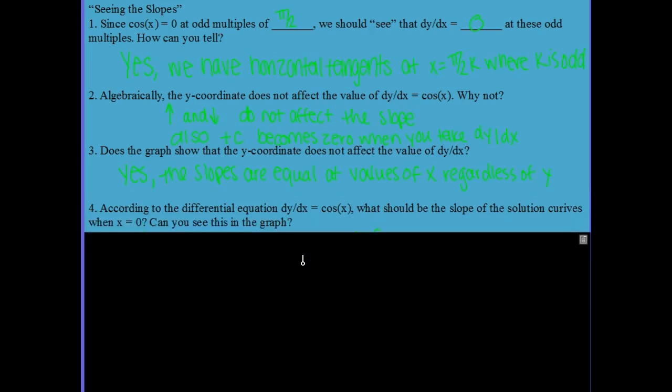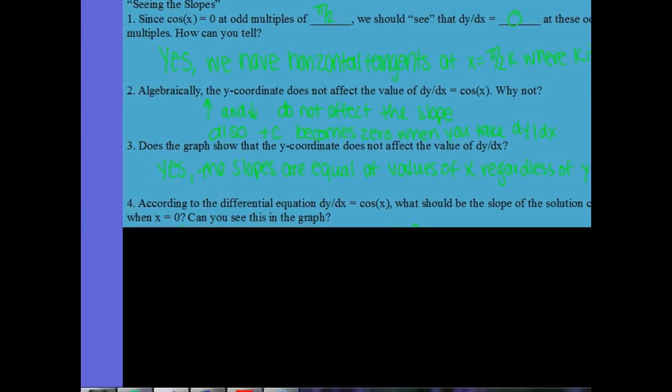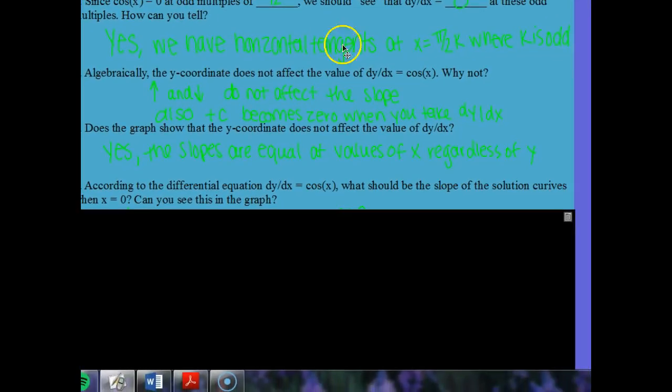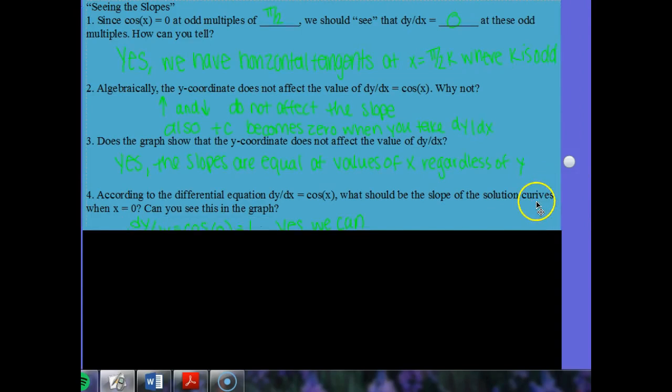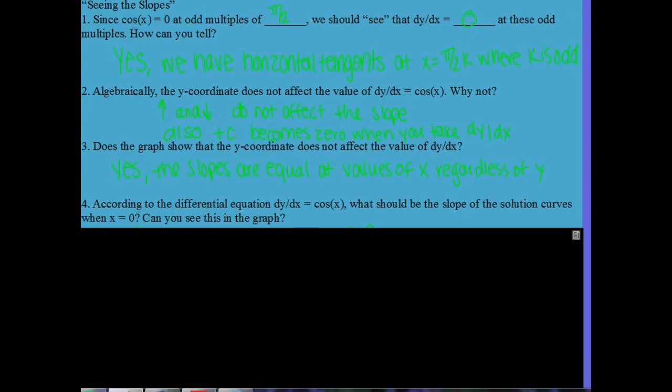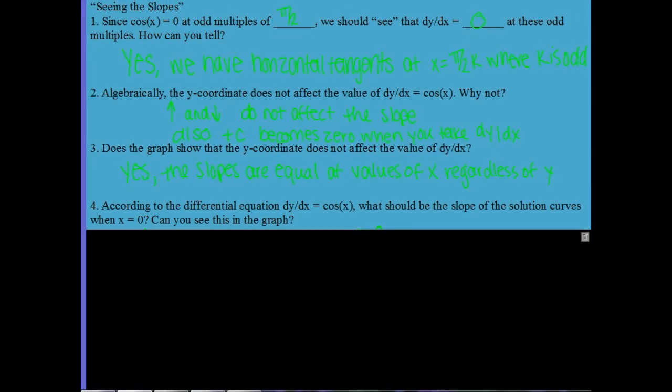According to the differential equation dy/dx equals cosine x, what should be the slope of the solution curves when x equals 0?